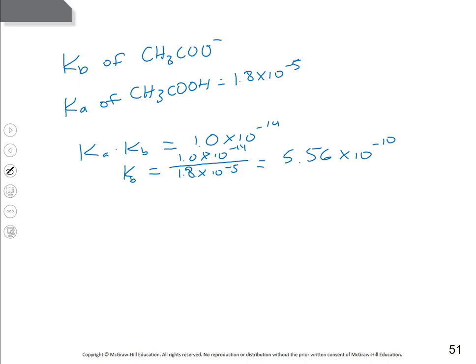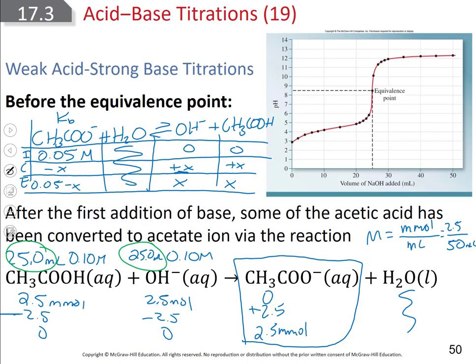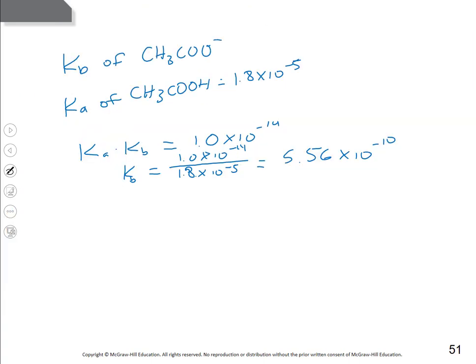So now we can plug that into our results from the ICE table, which is that we have products of X and X on the top and a reactant of 0.05 minus X on the bottom.